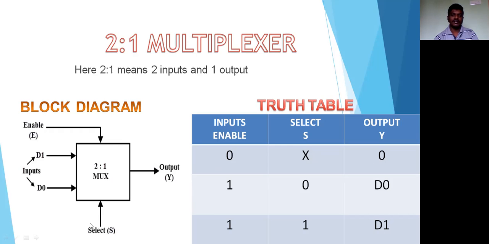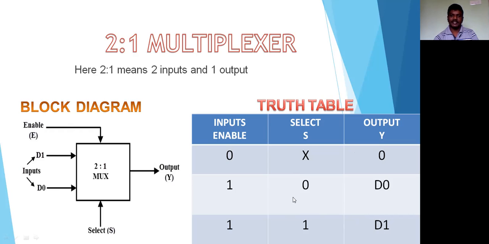There is one select line, so it can have two values, that is 0 and 1. When the select line is 0, let us assume D0 is connected to the output. D0 is selected and it is sent to the output. When select is 1, D1 is selected and it is sent to the output. The same thing is written in the truth table. When enable is 1, it will check the select signal.